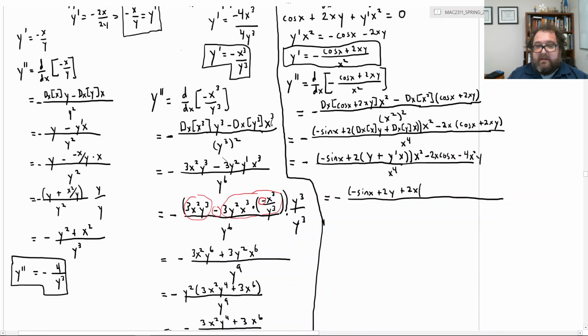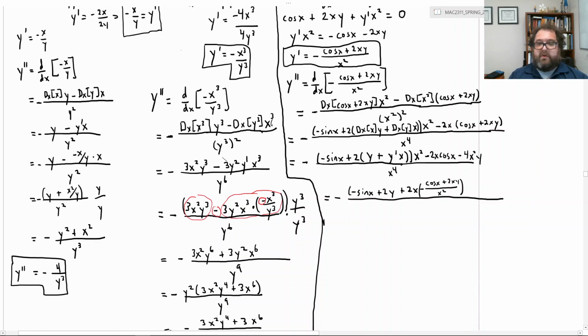That's going to be negative cosine x plus 2xy over x squared. All right, so I distributed that 2.